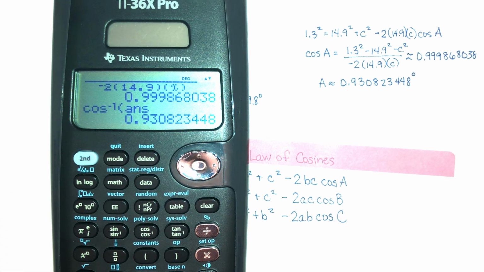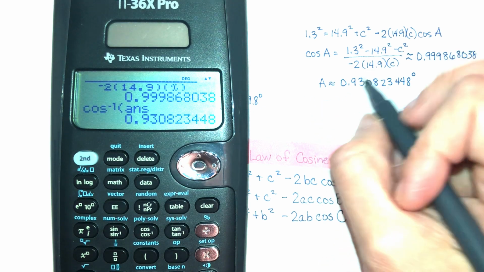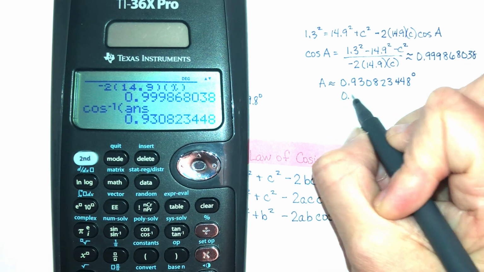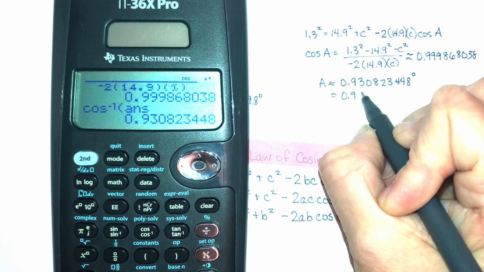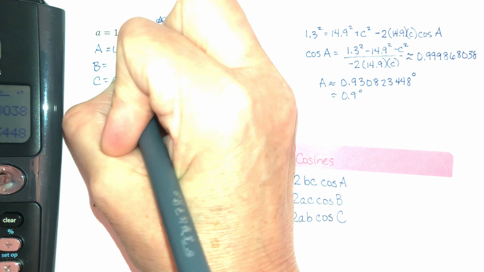Okay, technically with cosine, we also have the possibility of 360 degrees minus this, but that's going to give us a value that is too big to be in a triangle. So this is our angle A. We're asked to round it to the nearest tenth. So this would be approximately 0.9 degrees. And that's what they would want you to enter here.